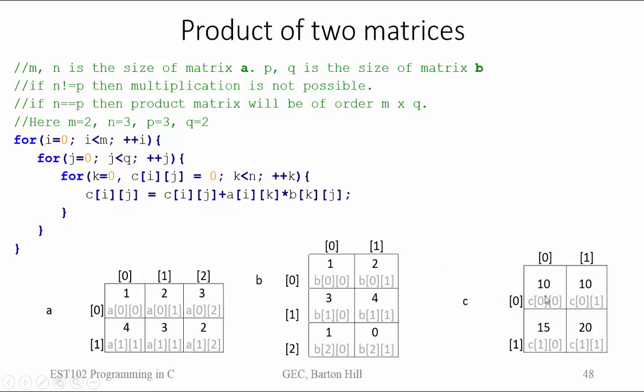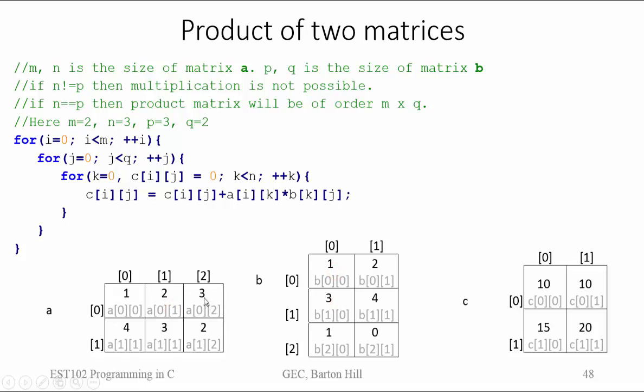Okay, now in order to find an element of the product matrix, for example, consider C of 0, 0. How can we find that? We can find that by adding the products of elements at row 0 of A and elements of column 0 in B. We compute A of 0, 0 into B of 0, 0, that is 1, then plus A of 0, 1 into B of 1, 0, which is 6. 1 plus 6 equal to 7.